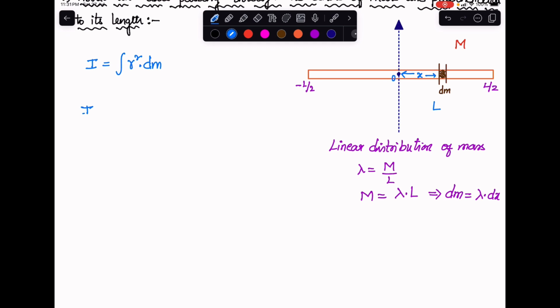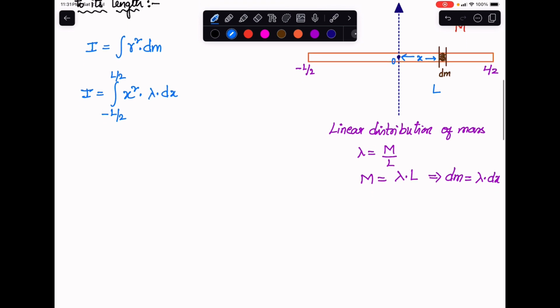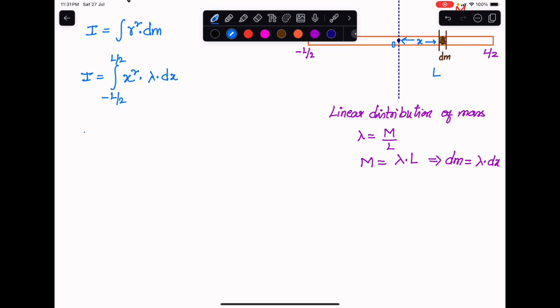I is equal to the integral with limits minus L by 2 to plus L by 2, r square is x square, and dm is written as lambda dx. Let me substitute this. I is equal to lambda, which is anyway constant, comes outside, integral minus L by 2 to plus L by 2 of x square dx.